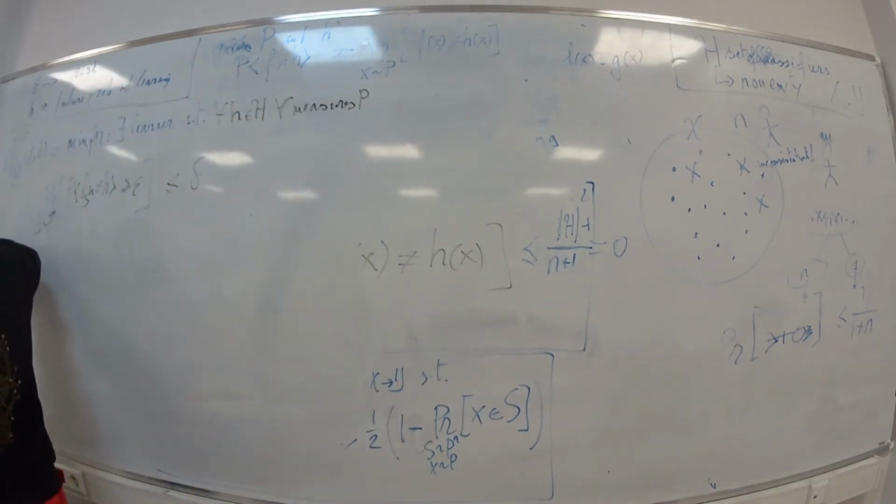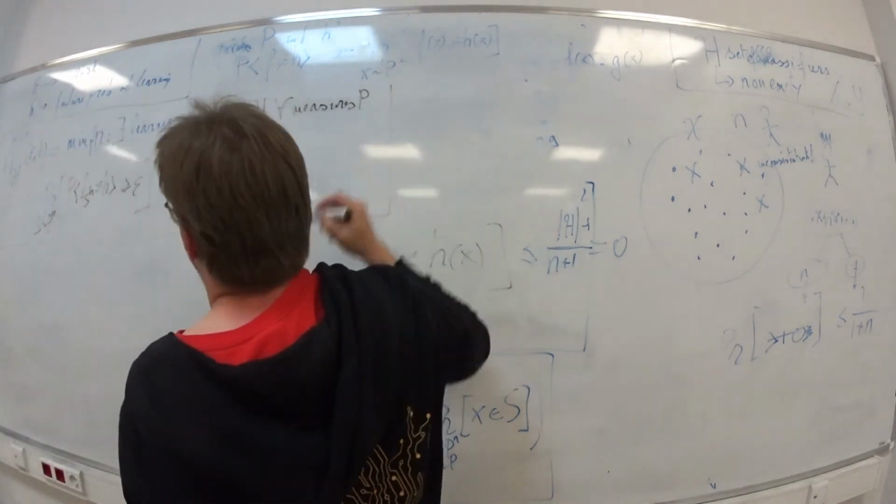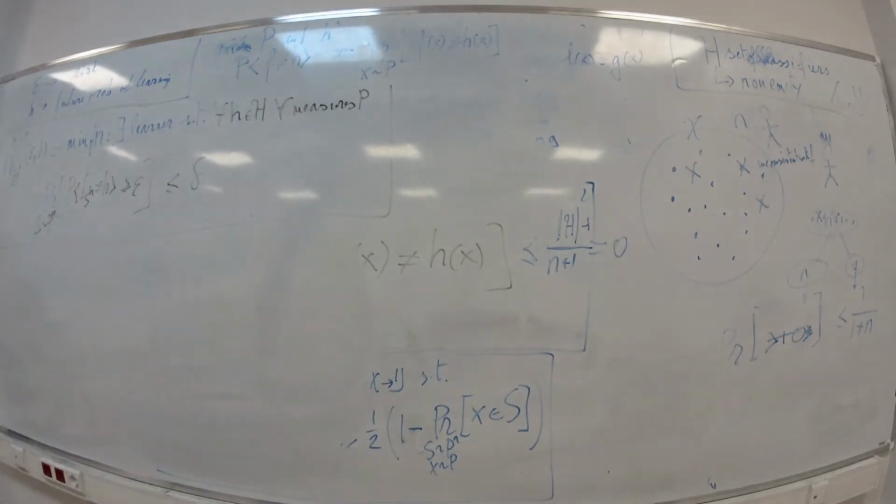Definition in two colors, but that's because the markers are going bad. And another one, but it's red. Okay, so that's sample complexity.